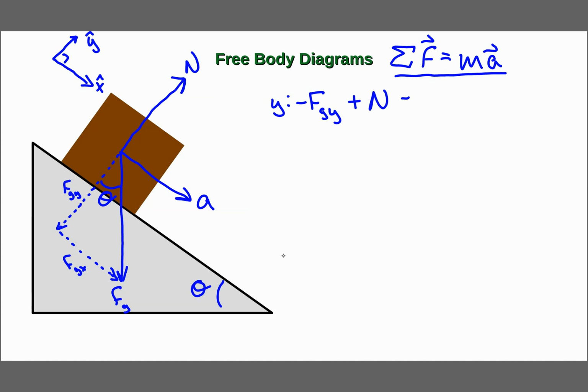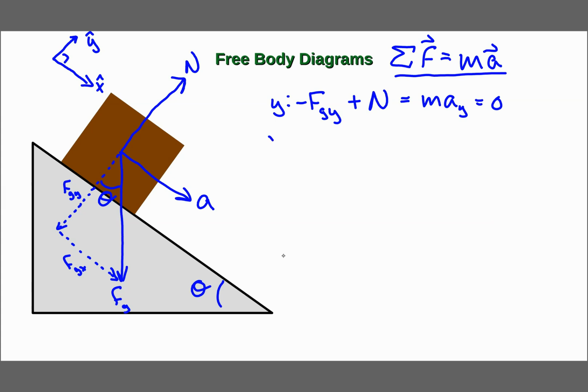And that's equal to m times the acceleration in the y direction. But if I think about this, I know that the block is just going to move in my x direction that I've defined. It's just going to slide down the hill. It doesn't fly up off the ground, and it doesn't fall down through the ground. So I know that a_y is 0.